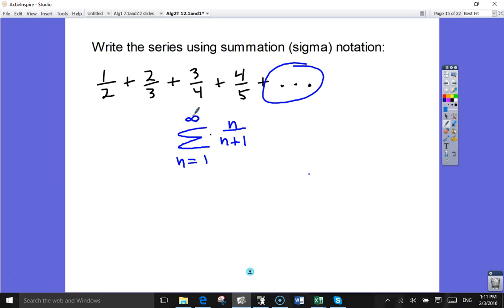So the sum from 1 to infinity of n over n plus 1. Good. Okay. Next.